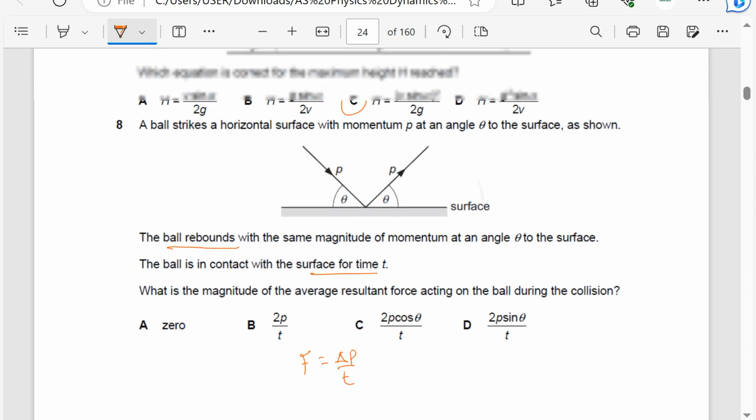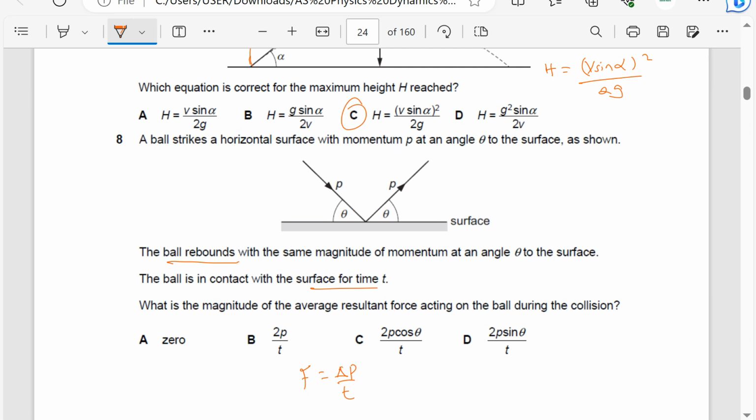So let's consider momentum. Of course, the momentum in the horizontal is going to be unchanged. Okay, I'm going to resolve this in the vertical.